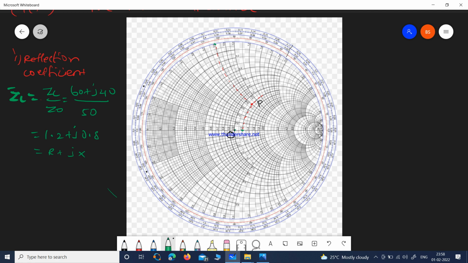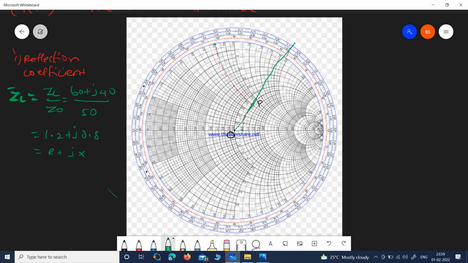So using the scale, please draw it, leading towards the outer circle.